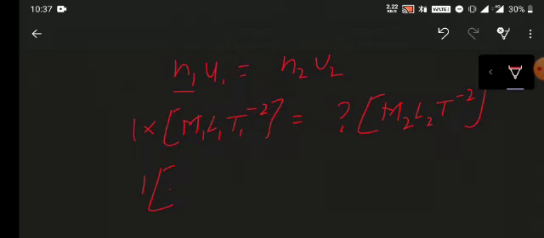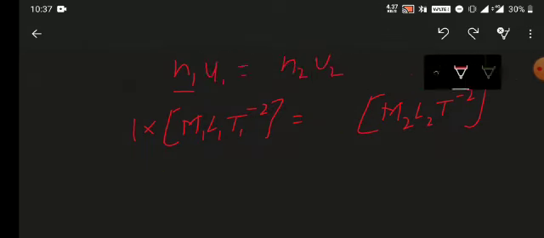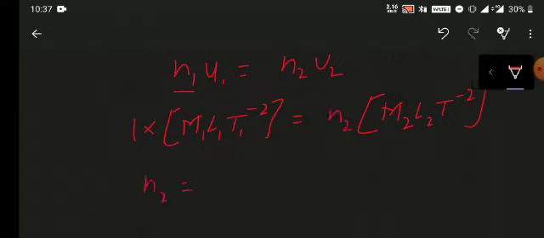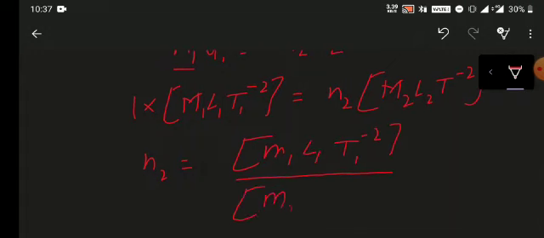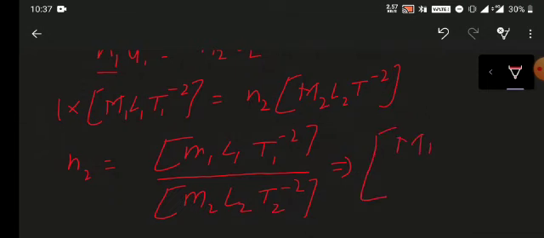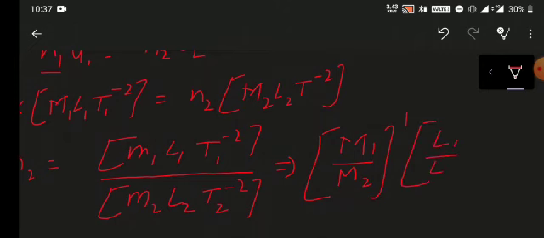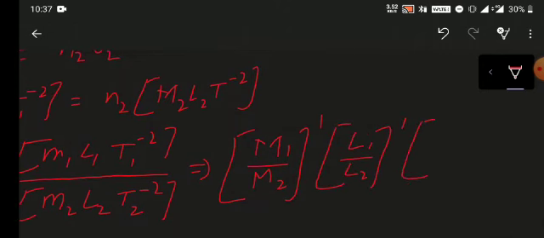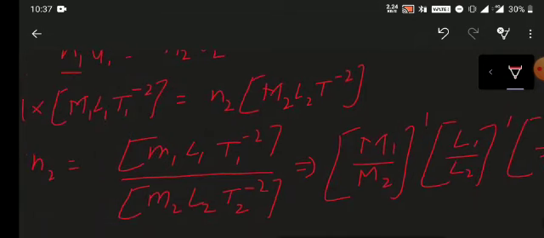I just pick question mark as a N2. The N2 is equal to M1 L1 T1 minus 2 upon M2 L2 T2 minus 2. Now change in the particular form like this one, M1 upon M2 the power 1, L1 upon L2 the power 1, and T1 upon T2 the power minus 2. And this is the N2.